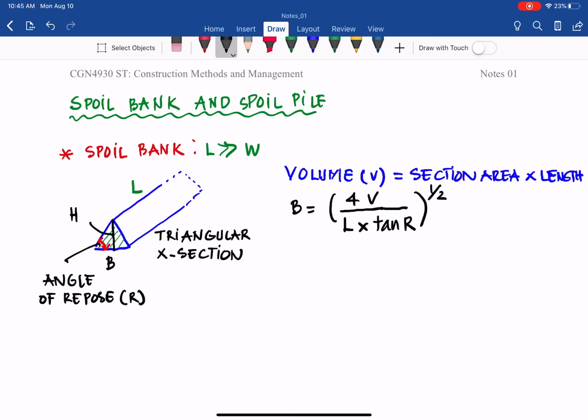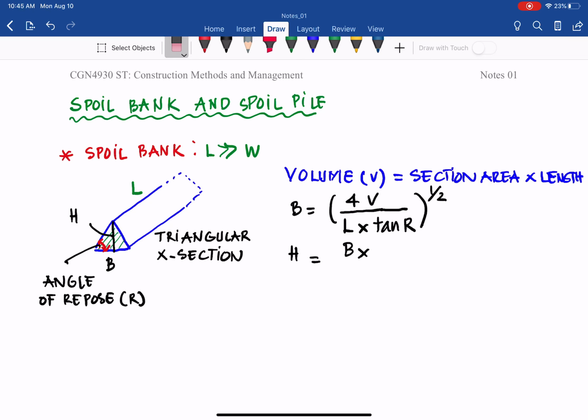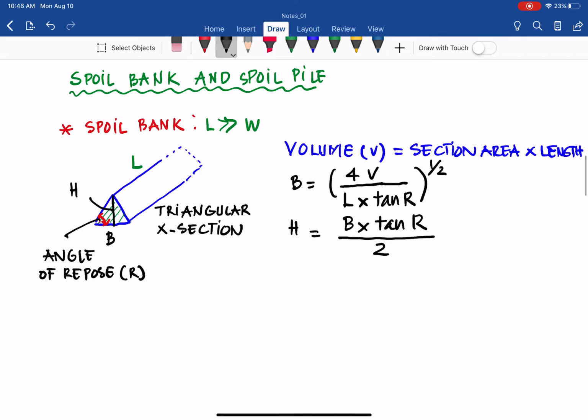What is the height of this pile? The height equals the base times the tangent of the angle of repose divided by 2. And of course that is purely the geometrical properties of this shape.